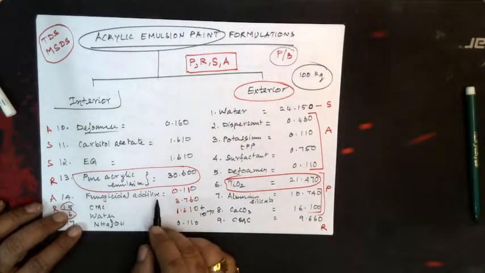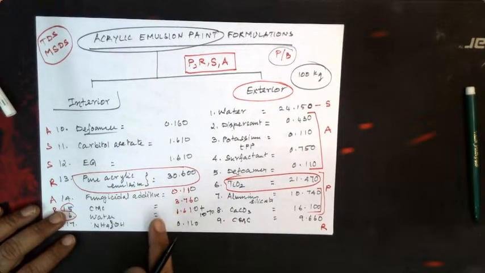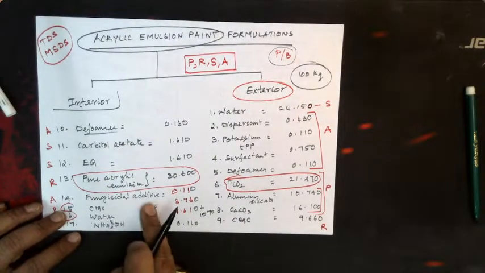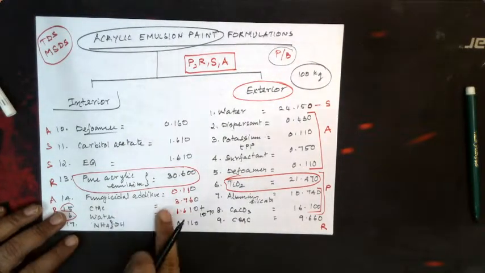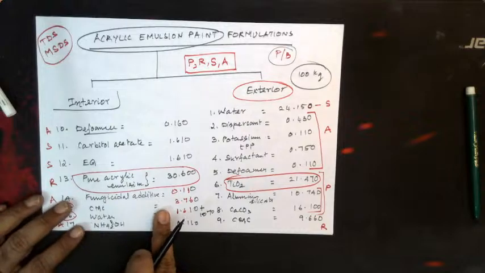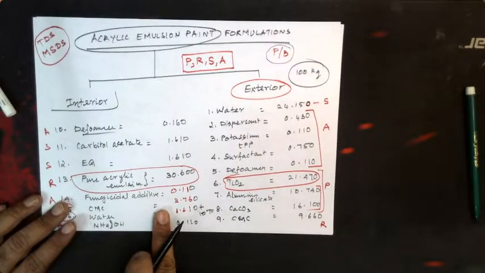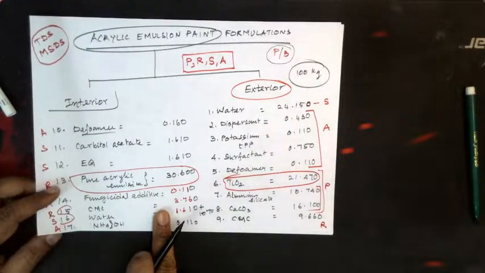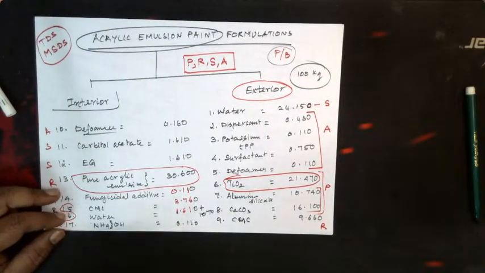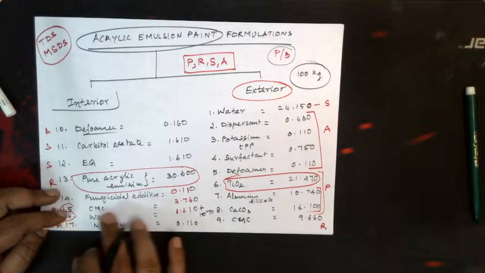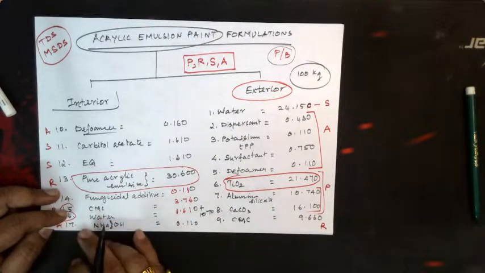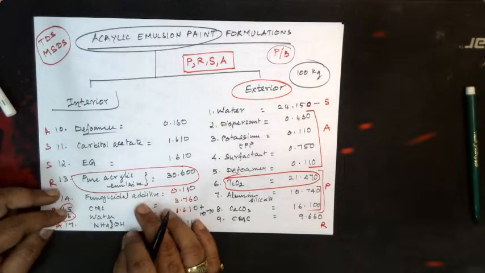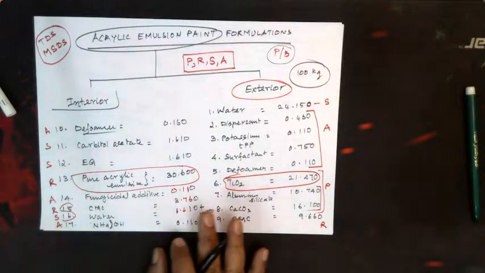Then fungicidal additive, especially in the case of exterior, we may have to use this because you have a lot of growth of fungus and algae, so we have to retard that. You have to arrest or prevent the growth of such algae or fungus. Fungus you know very well, cide means kill, so we need an additive to kill the fungus growth.